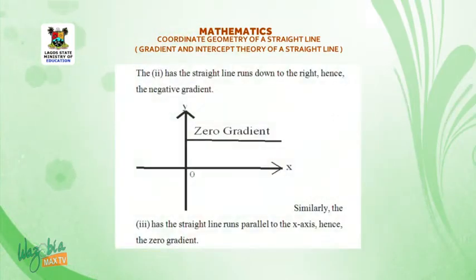Roman figure 2 has a straight line that runs down to the right, hence the negative gradient. Similarly, Roman figure 3 has a line that runs parallel to the x-axis, hence the zero gradient.